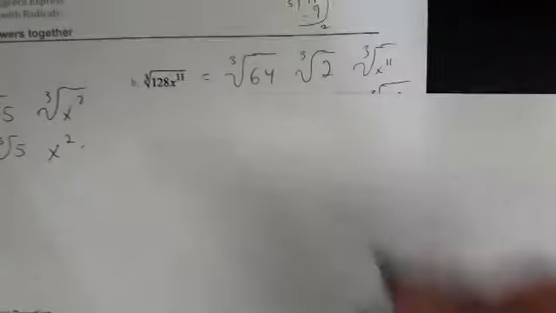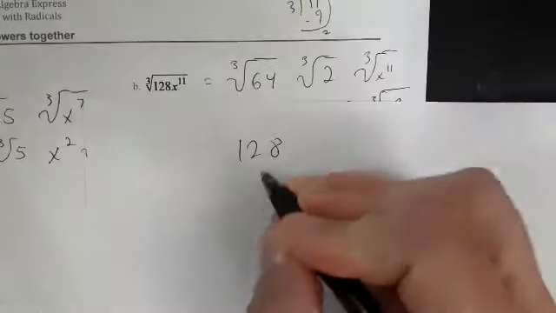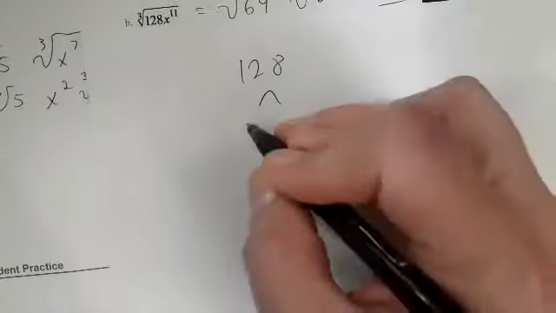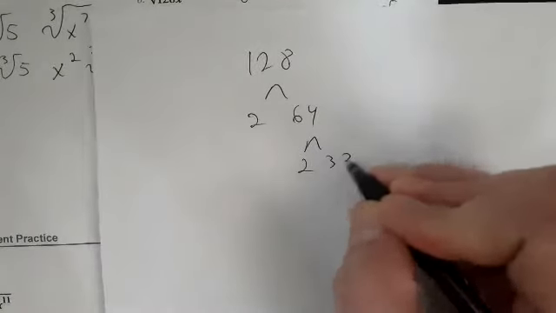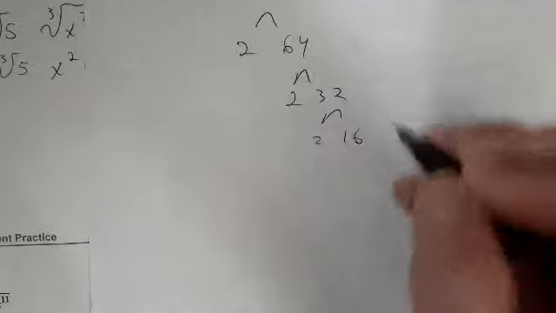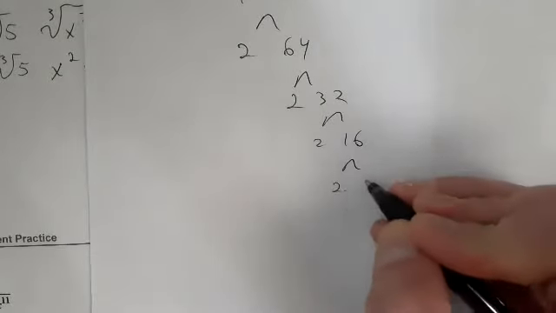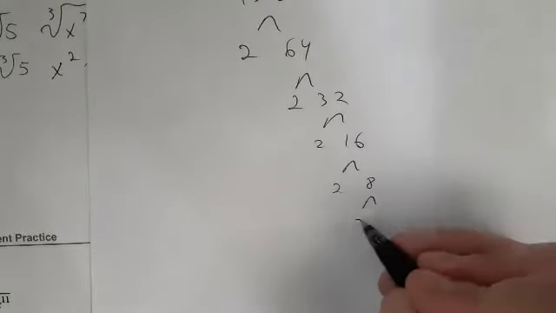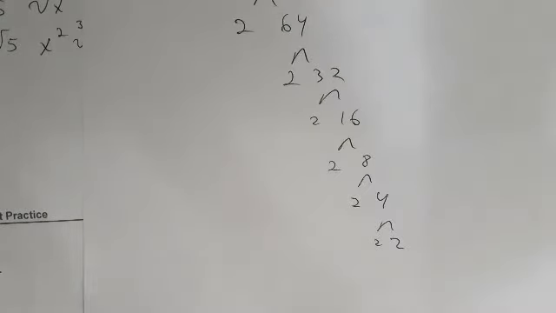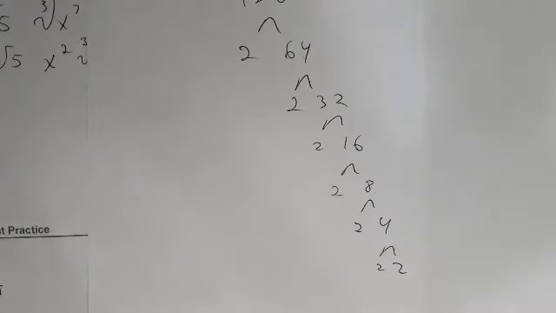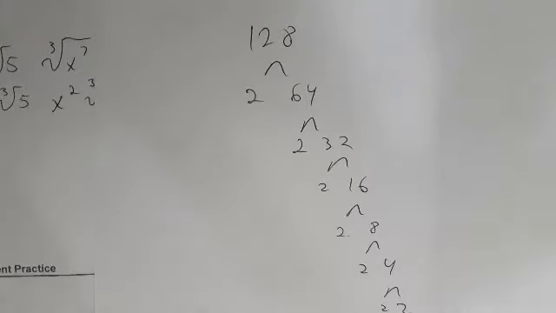Okay, so let's suppose you don't know what 128 divides into. So if we do 2 and 64, 2 and 16, 2 and 8, 2 and 4, 2 and 2. So worst case scenario, we should be able to divide this thing out 2 by 2 by 2.